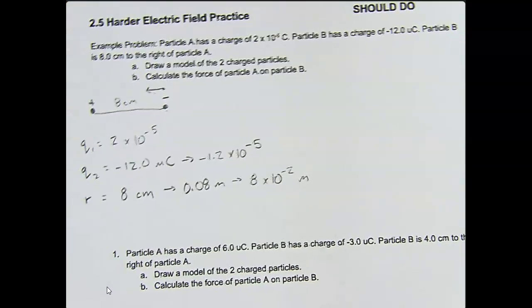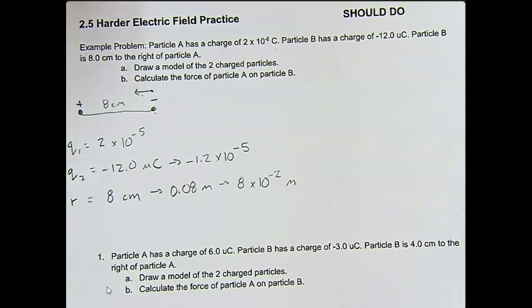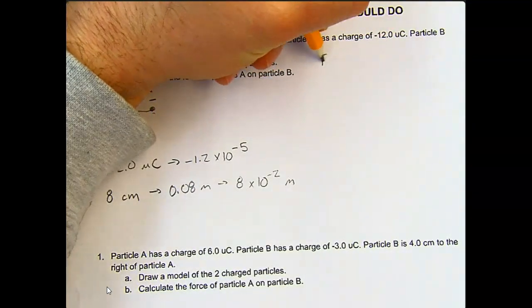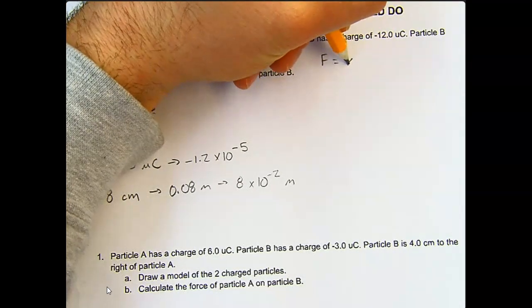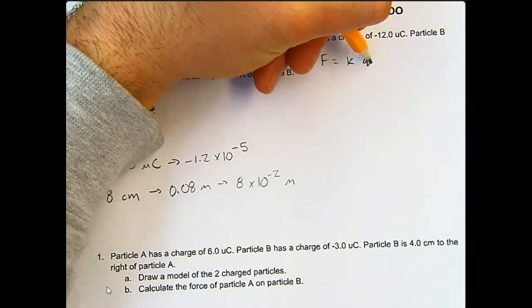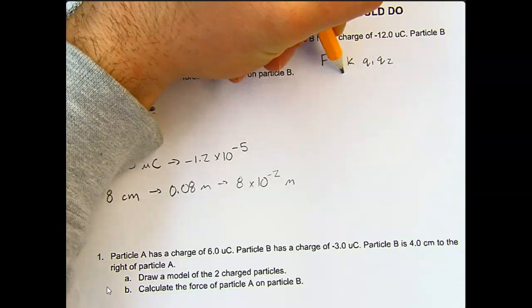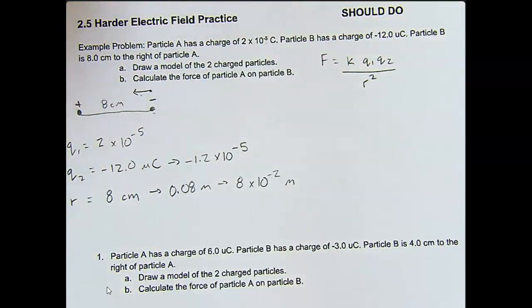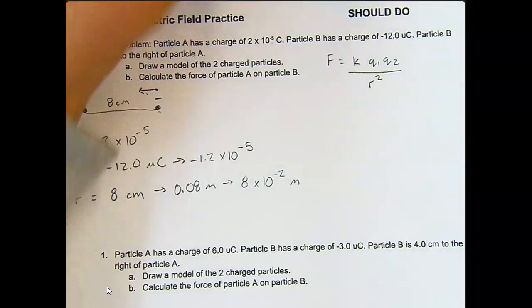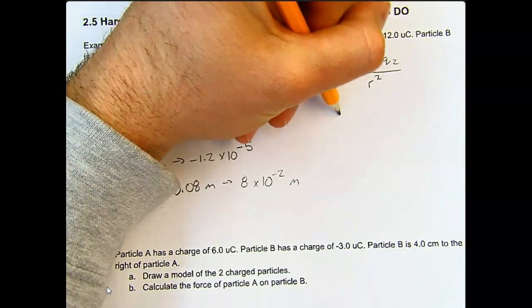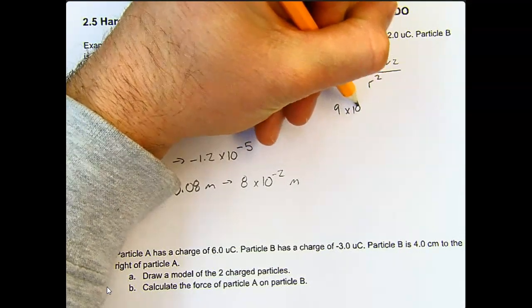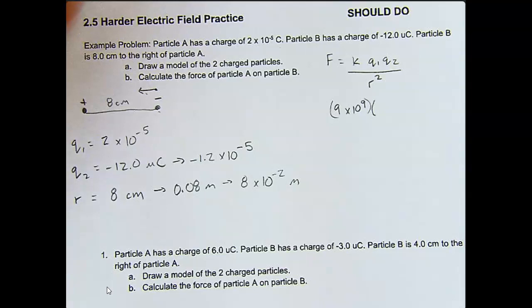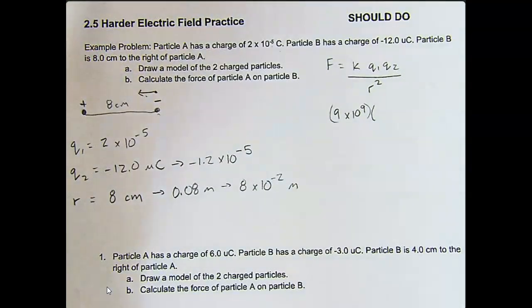All right, and then our equation looks like this. The force between two charged objects is K, a constant, times Q1, Q2 divided by R squared. Let's plug in some of these numbers. K is 9 times 10 to the ninth. That's just the constant that we have for Coulomb's constant.